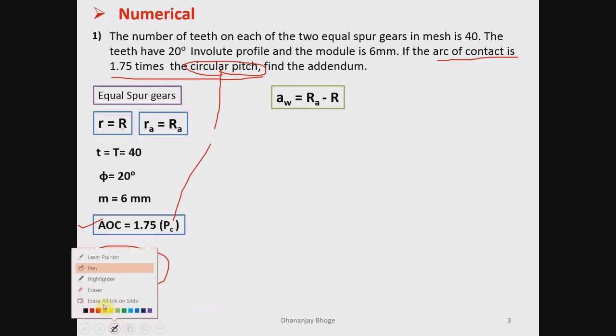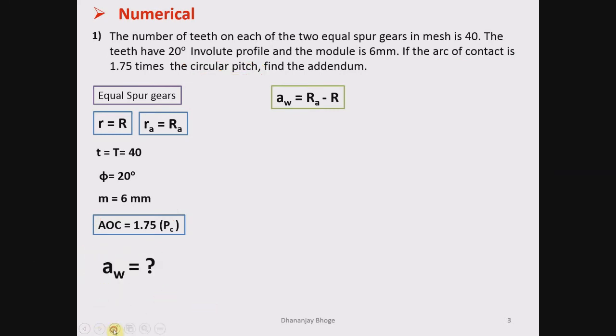Okay, so let us proceed. The very first step to start solving the numerical is to get clear the conditions specified in the numerical, and based on these conditions what they have asked for. Okay.